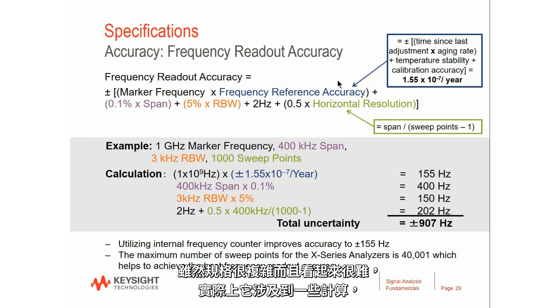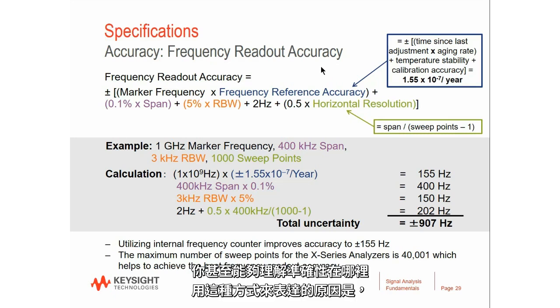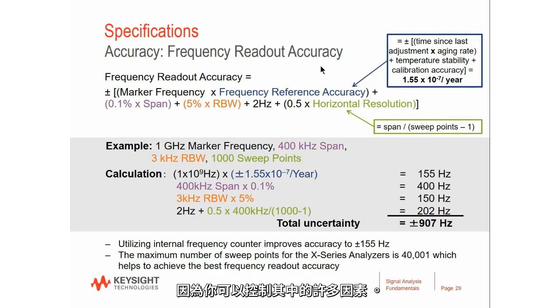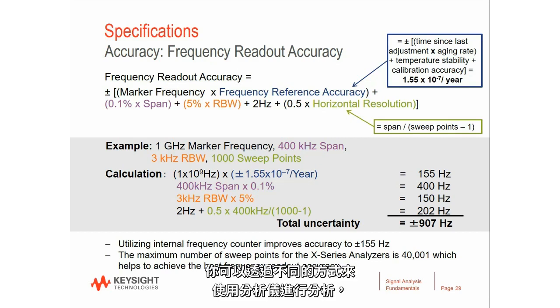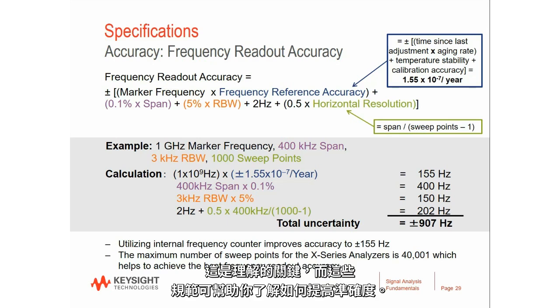Although the spec is complex and it looks difficult, in fact it involves some calculations that you have to make to even understand what the accuracy is. The reason it's expressed this way is because you have control over a number of these factors, and you can do something about them by using the analyzer differently, and that's important to realize, and the specs help you see what you can do to improve the accuracy.